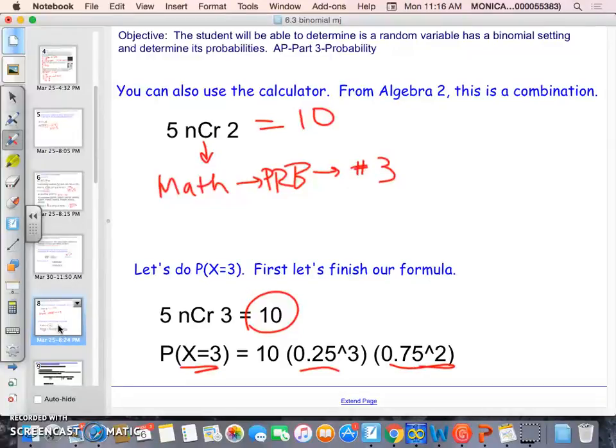So when you multiply all that out, you get 10 times 0.25 raised to the 3rd, scroll over, times 0.75 raised to the 2, and you end up with 0.088. So really there's only like a 9% chance that you'll have 3 kids with type O blood.